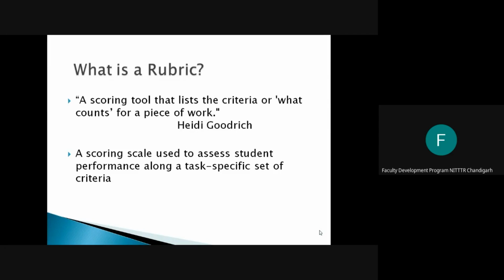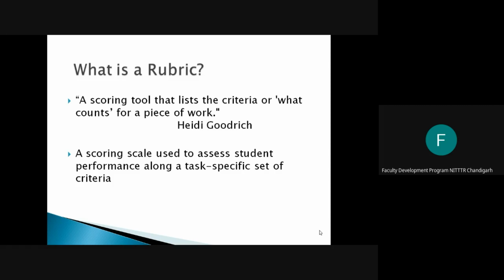So what is a rubric? First of all, a rubric is a scoring tool, and it lists the criteria for a piece of work. We assess anything based on certain parameters, based on certain criteria.